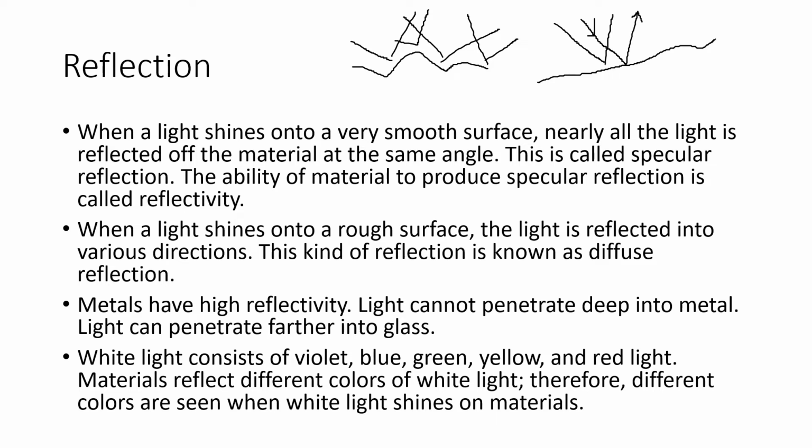Light can penetrate further into glass. Because metal is a smooth surface, it loves to reflect back, and light can penetrate only a little bit on the surface. But for glass, light can penetrate farther into the glass, so the angle is not straight, it's a little bit different.